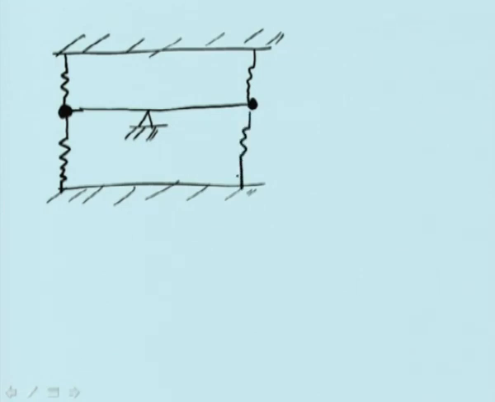Assume that the figure I have drawn is in a horizontal plane, so gravity effects are not there, and it vibrates. Now when we rotate it about this hinge point, a restoring moment is developed.